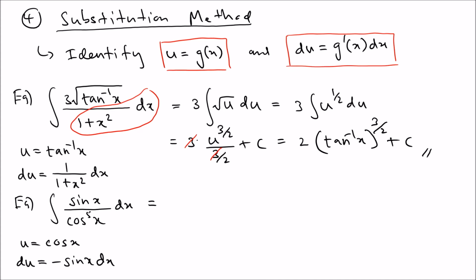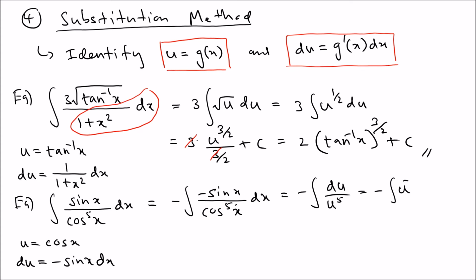What's going to happen here is you need a negative sign, so we're going to put the negative sign back in, and then write cosine to the 5th x dx. Now we're going to substitute. Negative sine x dx turns into du, and cosine is u, so that means u to the 5th power. So you can write this one as negative u to the negative 5 du. Then you can just use the power rule.